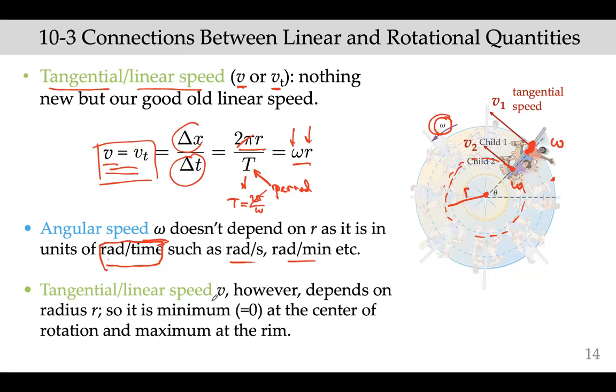But the tangential or linear speed depends on the radius. By definition here, you can see that. It's minimum, which is 0, at the center of the rotation, and maximum at the rim, because radius is maximum at the rim.